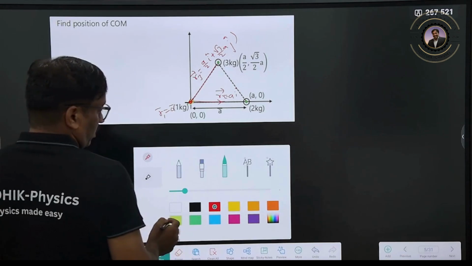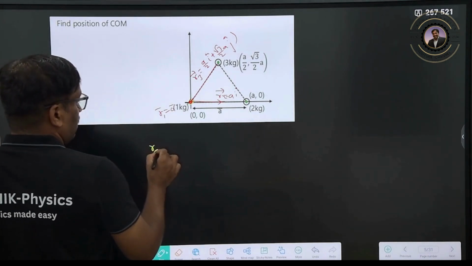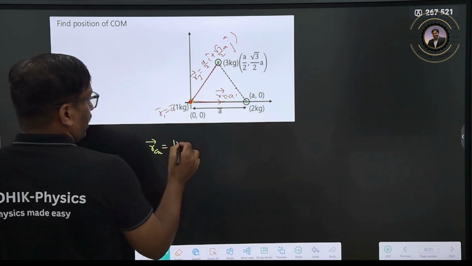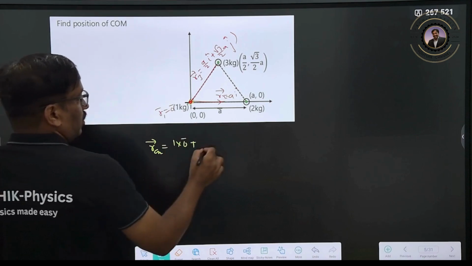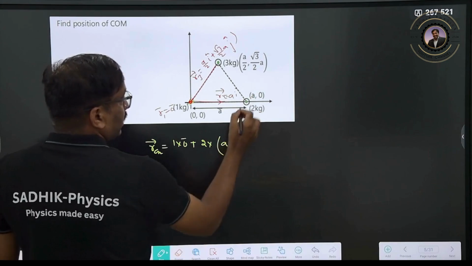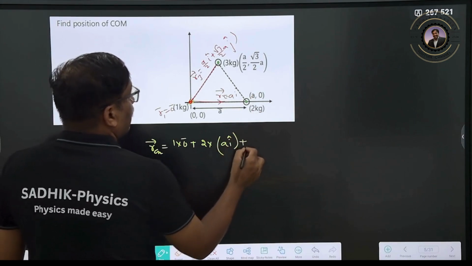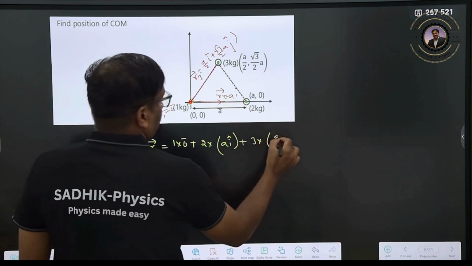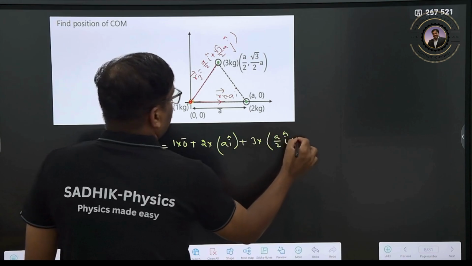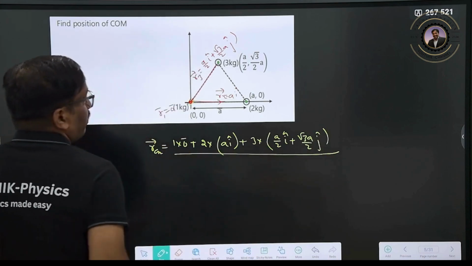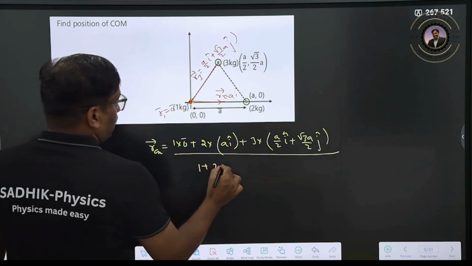So we can rewrite it as RCM. We can write down m1 r1, this is 1 kg into 0 vector plus 2 kg into r2 vector, a i cap, plus 3 kg into a by 2 i cap plus root 3 a by 2 j cap, divided by 1 plus 2 plus 3.